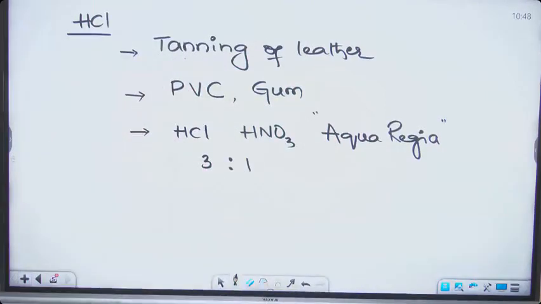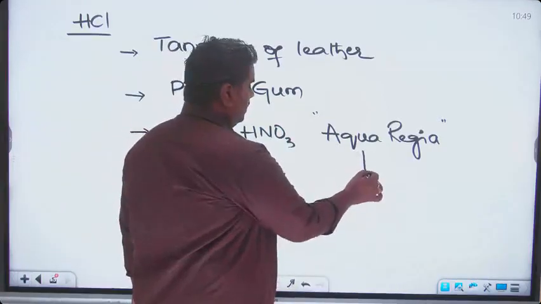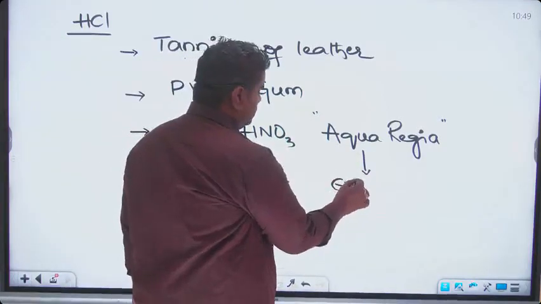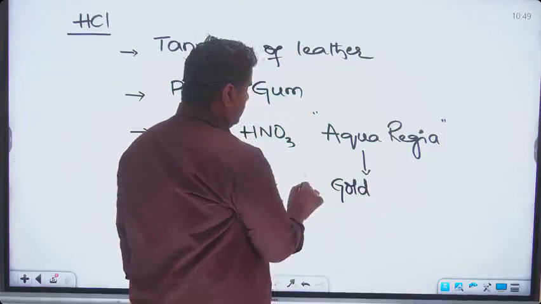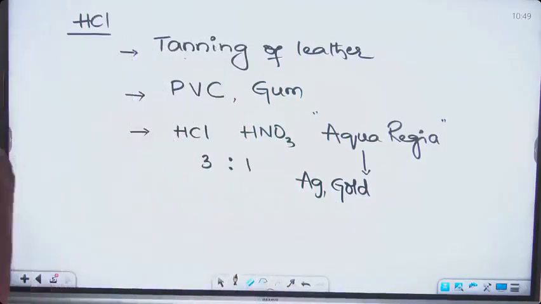HCl and HNO3, when mixed in the ratio of 3:1, is known as aqua regia. మరి aqua regia దేని కొరకు యూజ్ చేస్తారు అని అంటే, aqua regia is used in silver and gold industry.